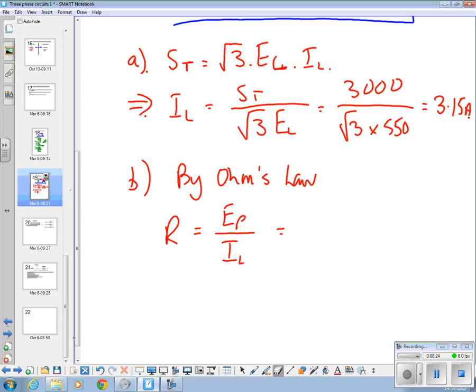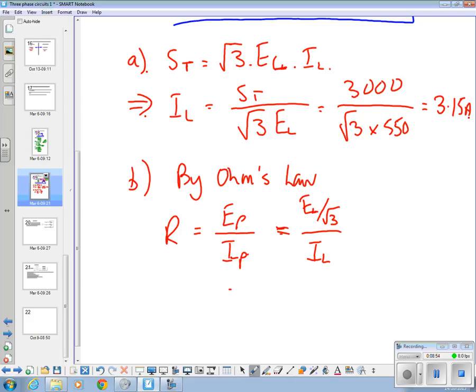What can we rewrite E phase as in terms of E line, which is what we know? That's E line over root 3. So we're substituting in that.